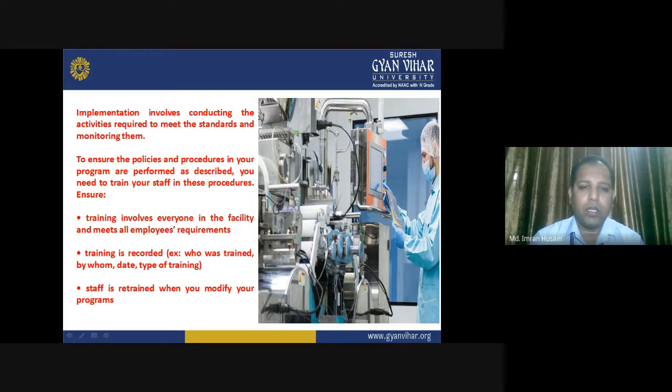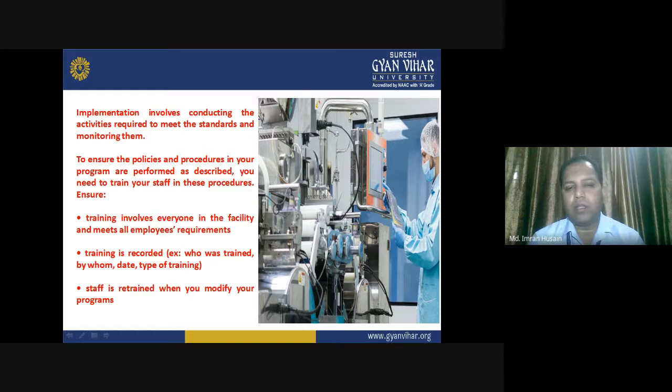Staff is retrained when you modify your program. So if any kind of amendment is added to your system, then the staff is readily retrained. Okay, so everything is upgrading according to the standards and with the passage of time. Following this protocol, every individual should be trained, and they should understand the things that they are doing, and they should do it properly.